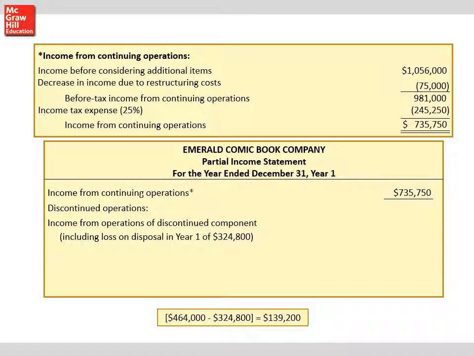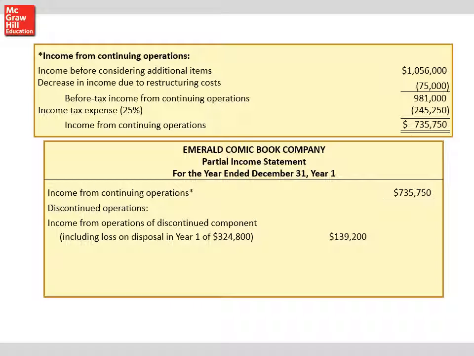The income from operations of a discontinued component is $464,000 in income, and $324,800 is the loss on the disposal. So net $139,200. So you have to combine those two. What was the income from operating that component for the year until we sold it? How much of a loss or gain was there on the sale?